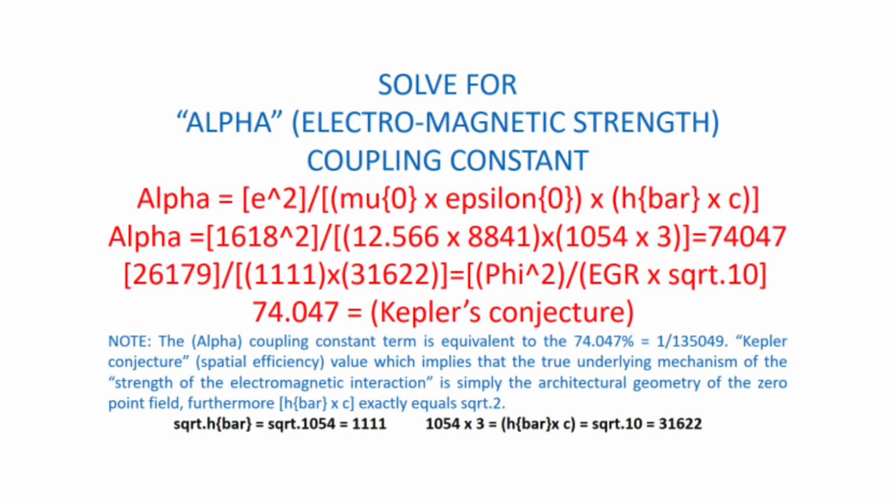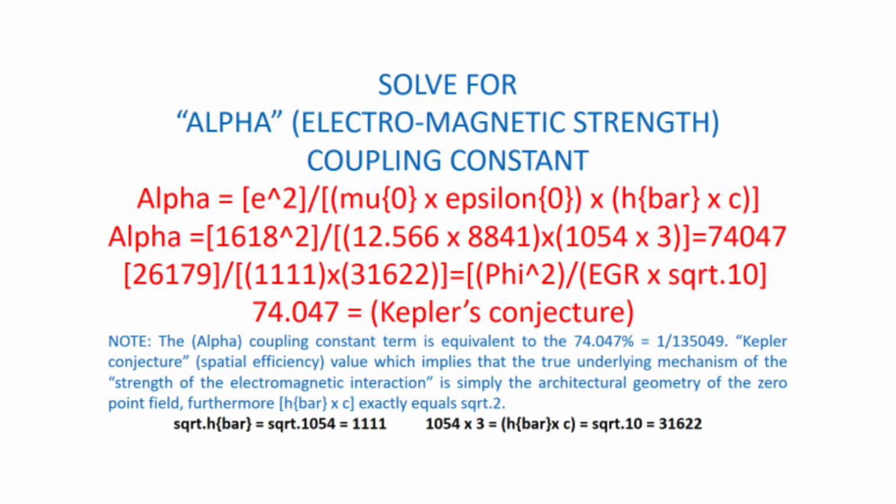The current model has uncovered another alternative proof of its accuracy, which involves an algebraic rearrangement of the alpha fine structure constant. This alpha formula amazingly demonstrates an exact correlation to Kepler's spatial efficiency conjecture while also alternatively solving the enigmatic elementary charge equation with an algebraic rearrangement, which consequently turns out to be a modified version of its mainstream accepted formula.